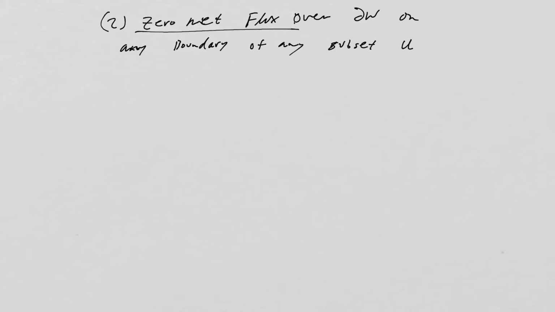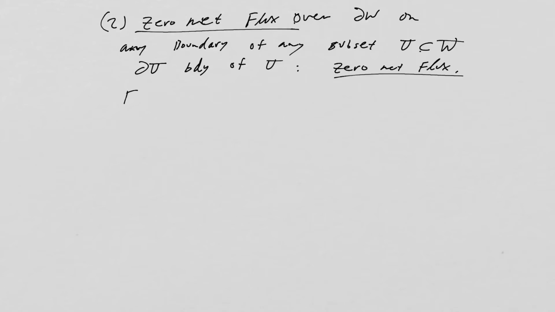So if you have a set U that's a subset of W, and partial U is the boundary of U, on any of these there's always going to be zero net flux.